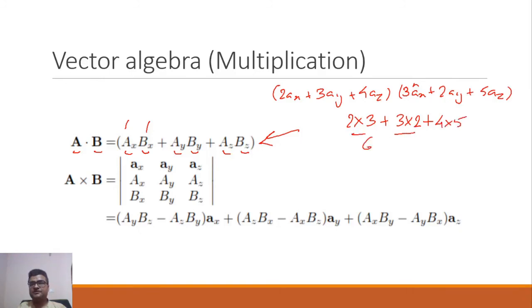So 6, then 6, then 20. What we'll get? We'll get 32 here. So this is how we are going to dot multiply two vectors.